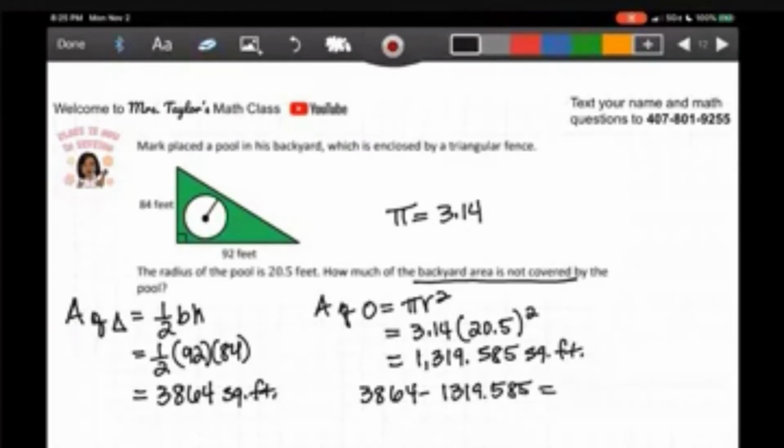And that is going to get us 2,544 and 415 thousandths square feet. That would be the area of the backyard that is not covered by the pool.